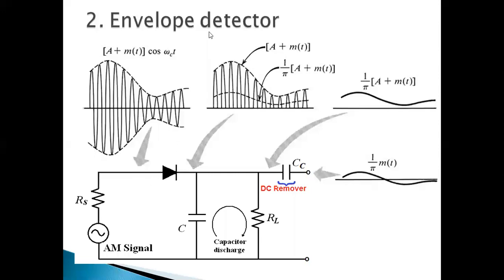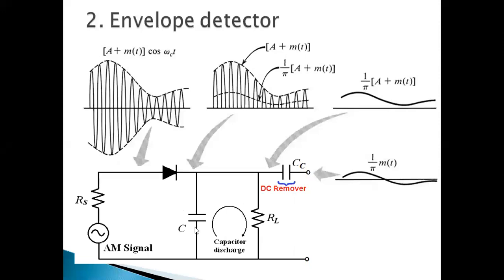Now this entire output of the envelope detector depends upon the capacitor. Whenever the capacitor charges, it is in the on position. Whenever the capacitor discharges, it is zero. Whenever the capacitor charges, the positive portion of the modulated signal appears at the load resistance.